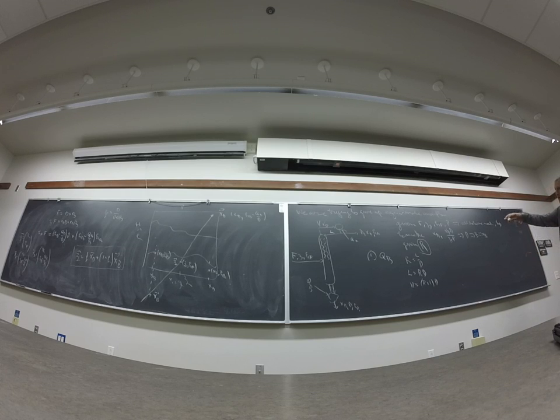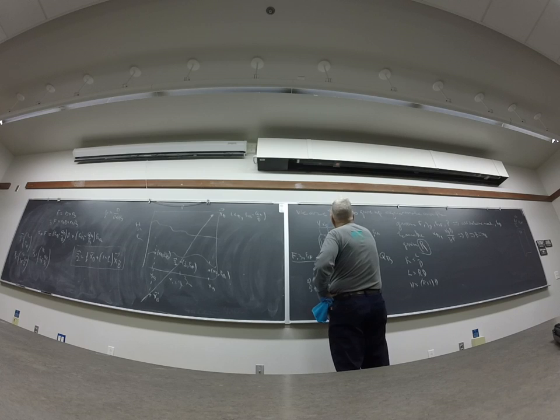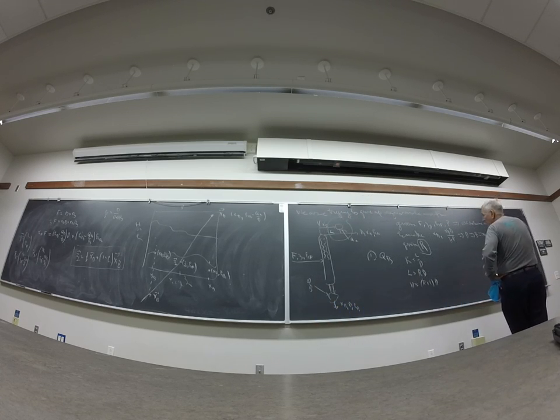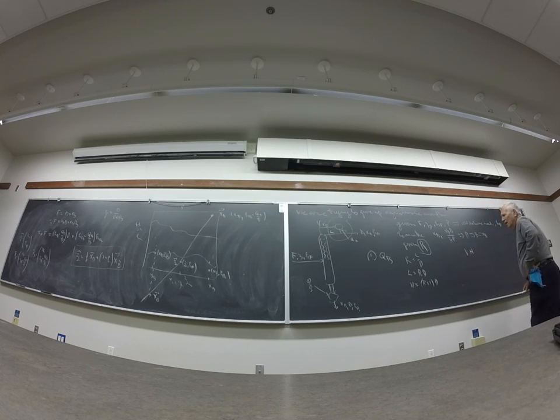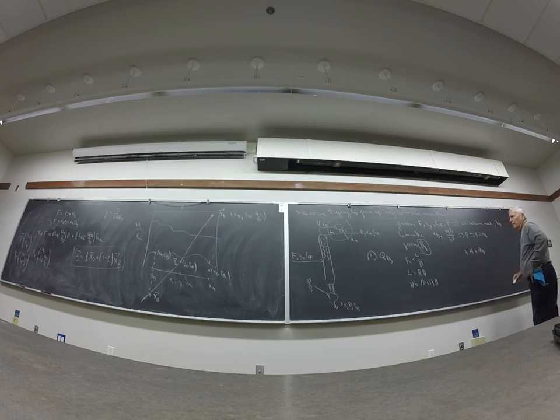So I'm going to make a balance around the top of this and see what I can learn. So here I go around the top of this. I need to write V times H plus QD must equal L plus D times HD.